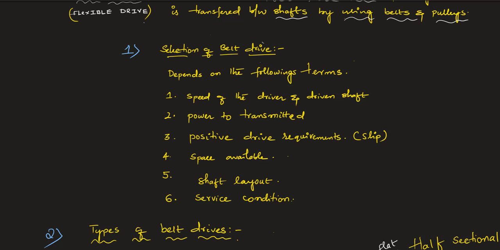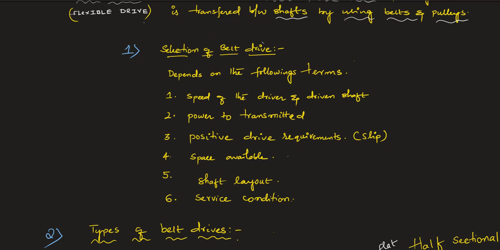Similarly, the pulleys which are mounted over these are called the driver pulley and the driven pulley. The pulley which is making it rotate is called the driver pulley, and the pulley which is made to rotate is called the driven pulley.